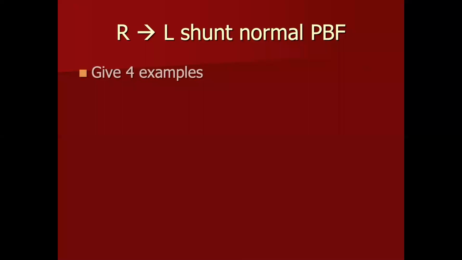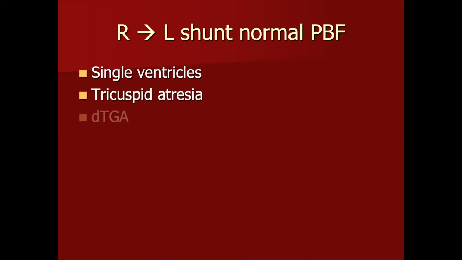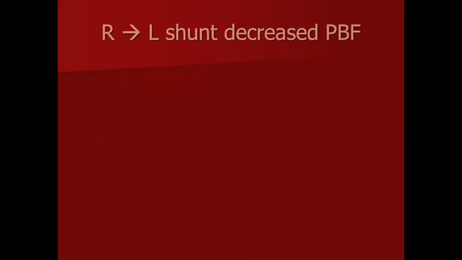Can you give 4 examples of right to left shunt with normal pulmonary blood flow? What about those with decreased pulmonary blood flow?